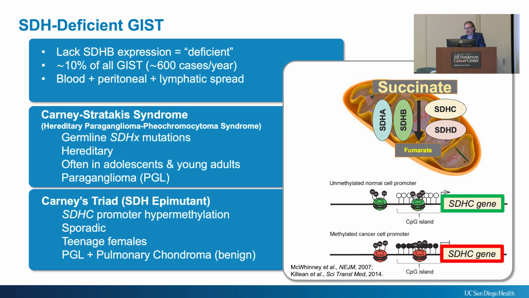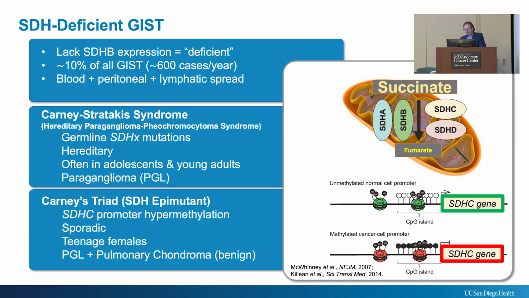These often occur in adolescents and young adults, we thought for many years. They're associated with paragangliomas, which is another type of tumor that patients can get, which are basically hormone-secreting tumors that can occur anywhere from the neck, the chest, or inside the abdominal cavity. And they make hormones like adrenaline and derivatives of adrenaline.